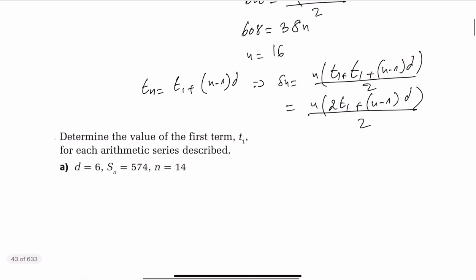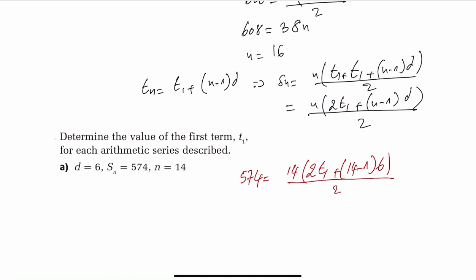I can put my Sn, which is 574, equal to n, which is 14, times 2T1 plus 14 minus 1 times 6, which is my d, divided by 2.